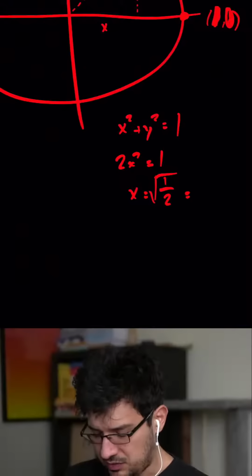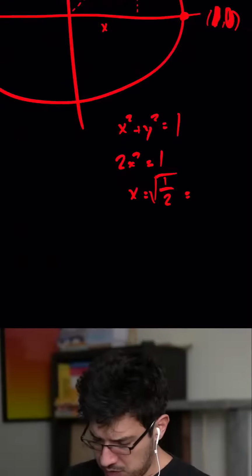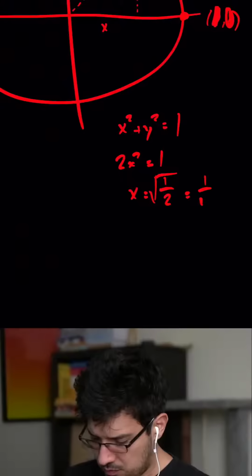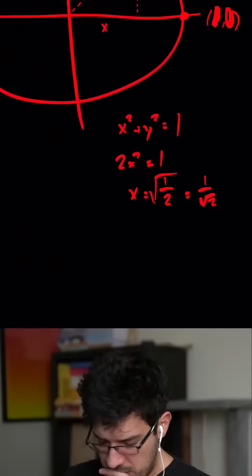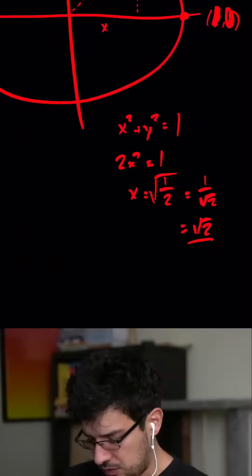Oh, wait. 1 over square root of 2 is the same as root 2 over 2, which is the standard way to write that.